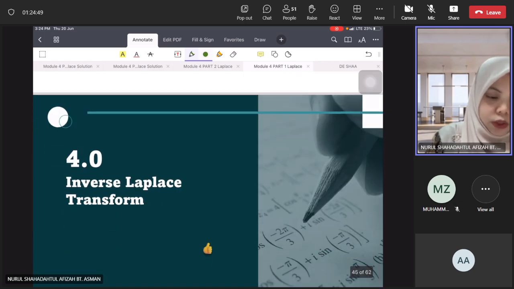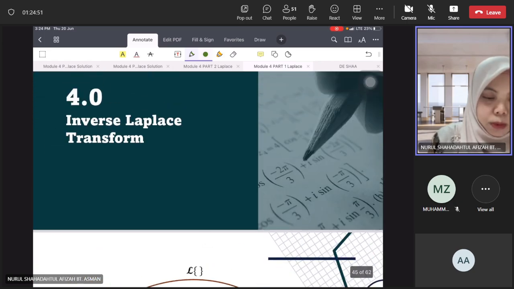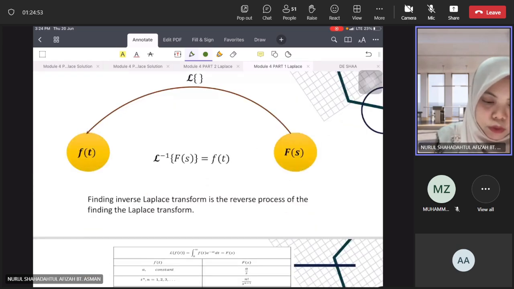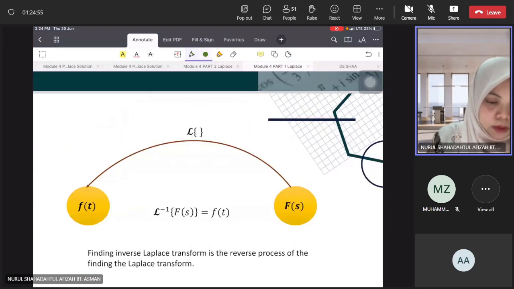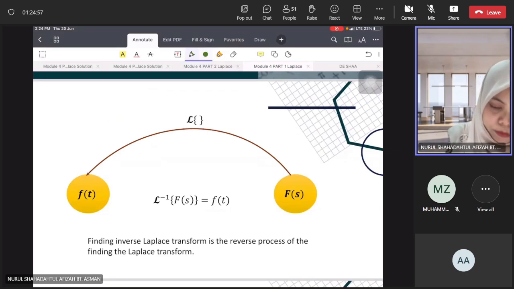But for now, we just continue with the next subtopic, which is the inverse Laplace transform. So what is the inverse Laplace transform? So we have this one, what you call inverse, because you have -1 here. Finding the inverse Laplace transform is the reverse process of finding the Laplace transform.